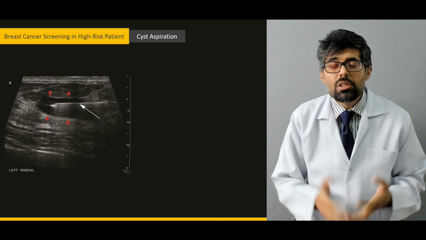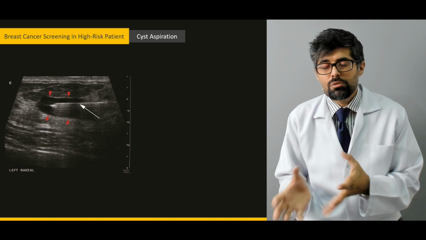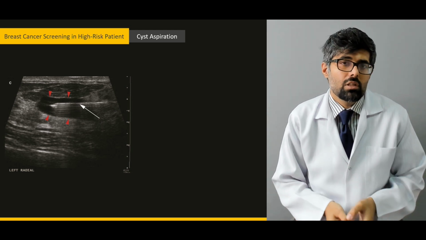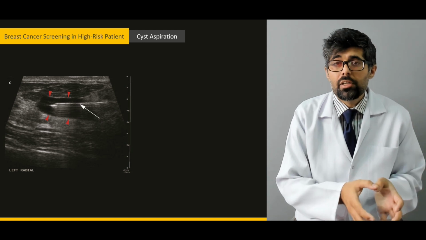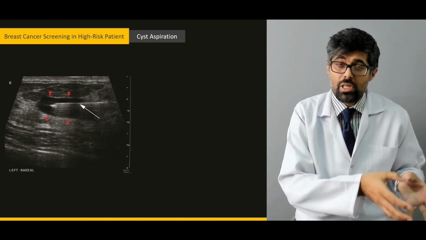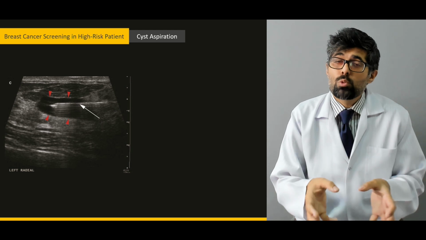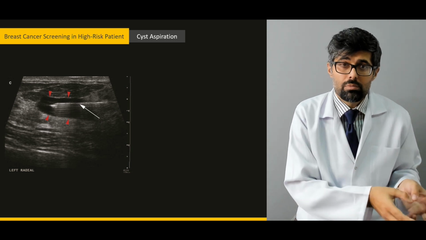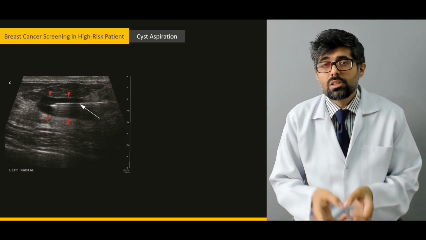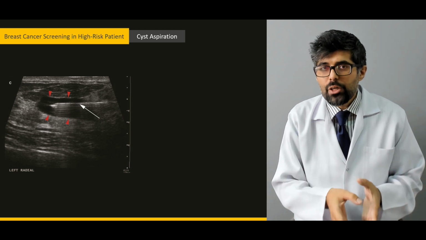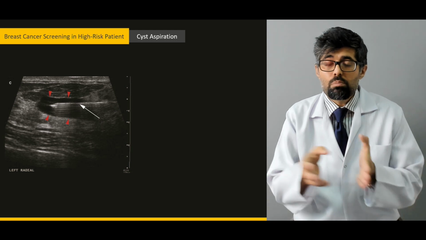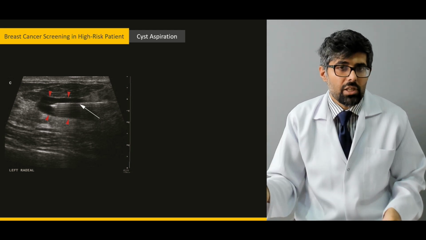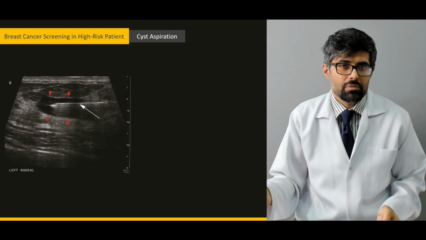So there are usually three types of patients which are considered high risk. Number one, those patients who have a relative who had premenopausal breast cancer. For such patients, their yearly mammogram study is started 10 years before the diagnosis of their relative.